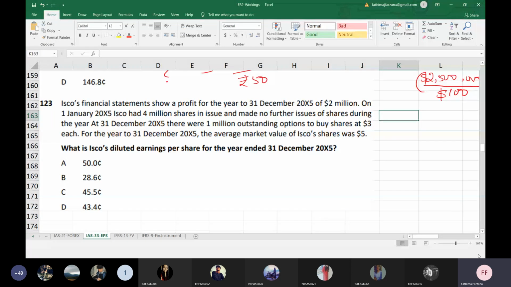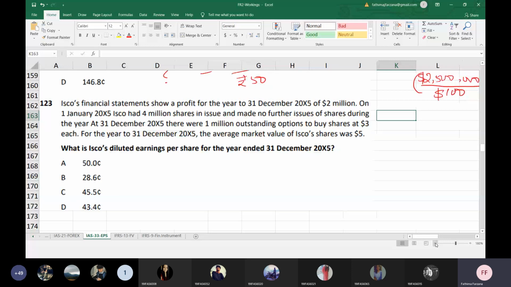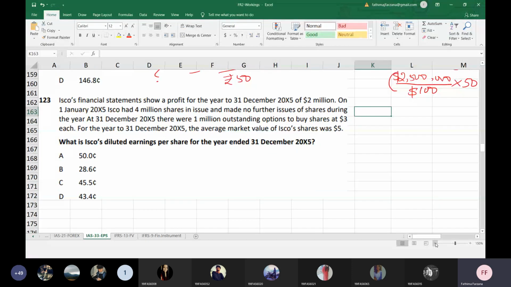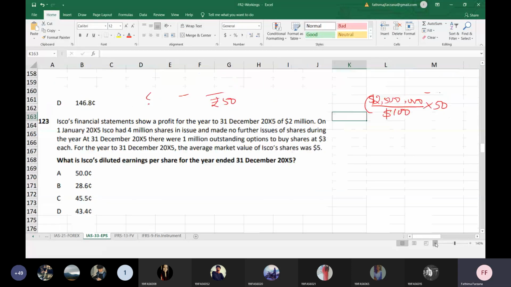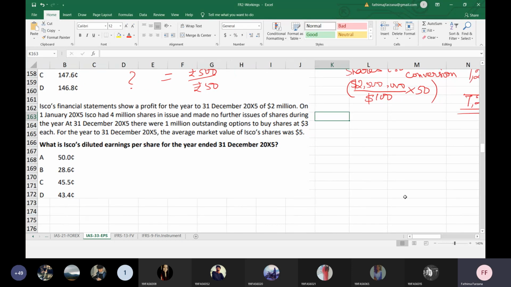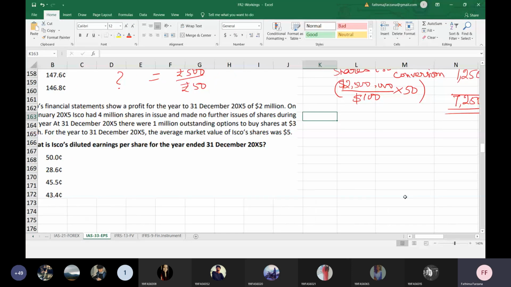Okay, let us do this one. Just minimize it. Okay, I'll try to write here. So this is problem number 123. Okay, I'll do it here.